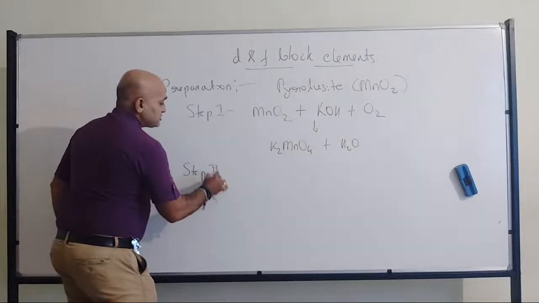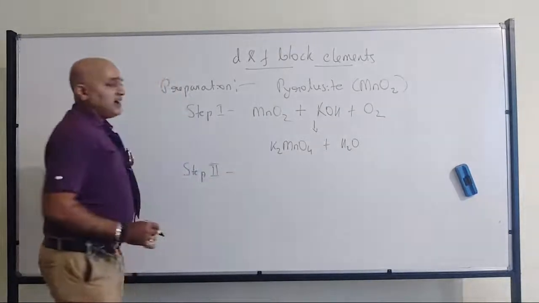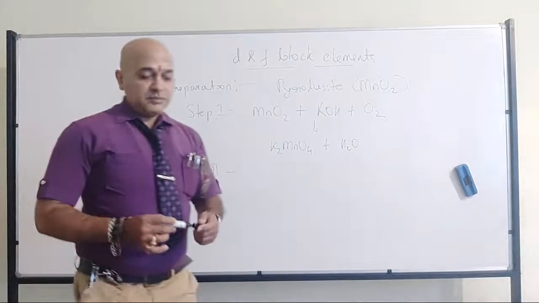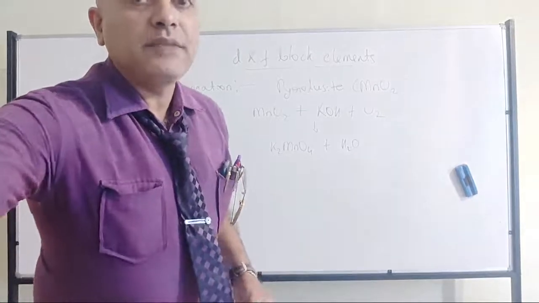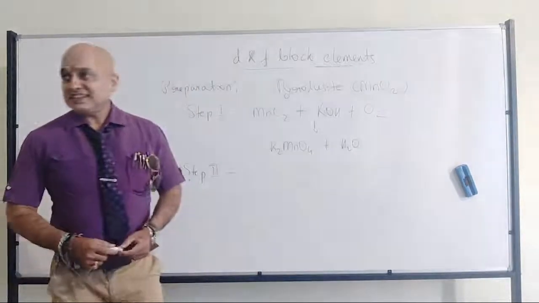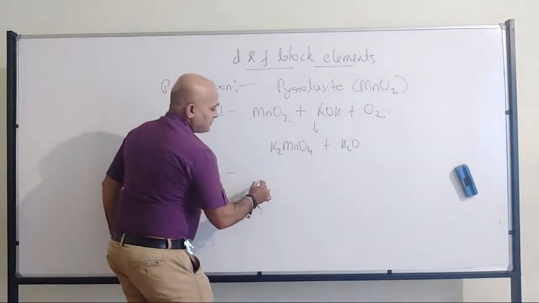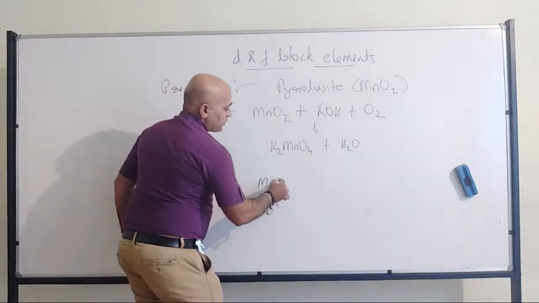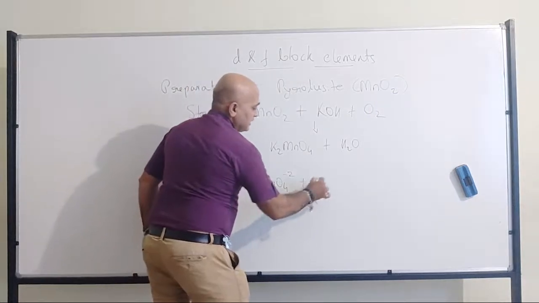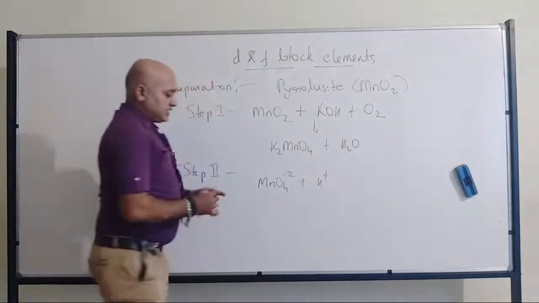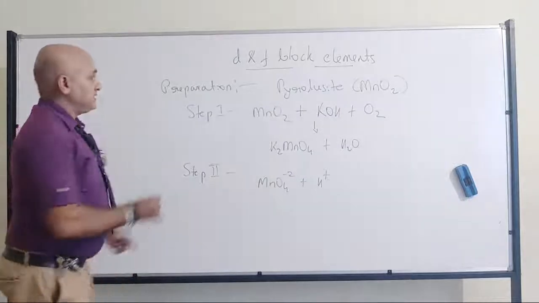Now when it comes to step 2, that's where we took some time, right? I took some time in balancing the equation. So now when I am talking about this one, MnO4 minus 2 in the presence of H plus. This is the chemical method.